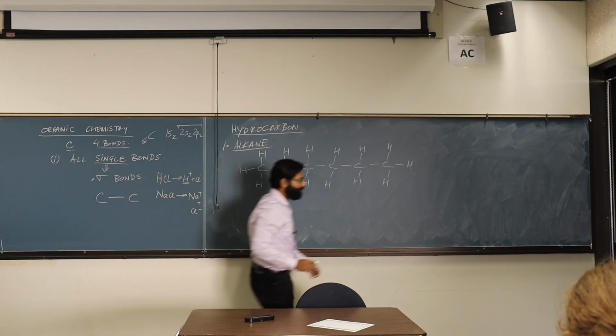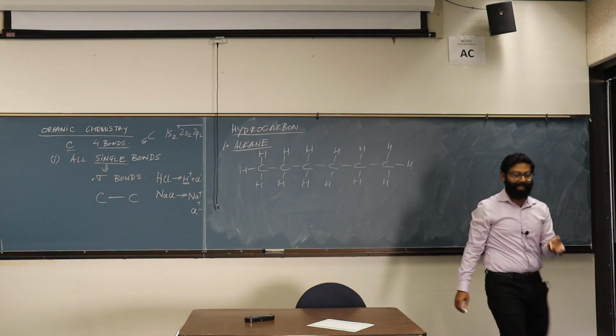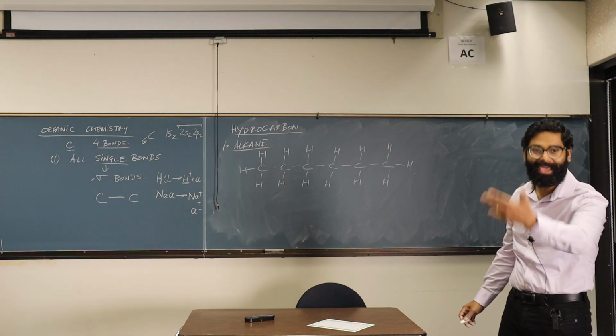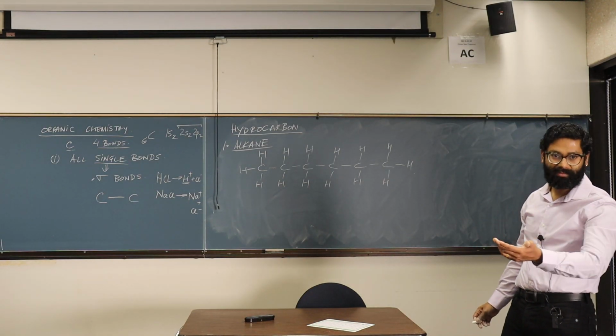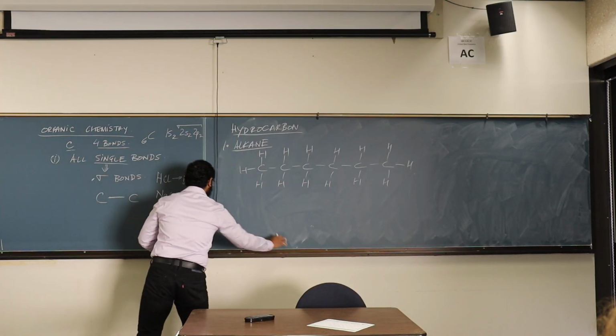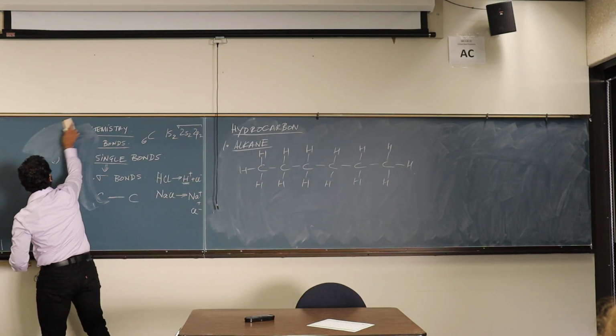Right? Now, depending upon the number of carbon atoms, we also give names to these different compounds. Okay? What we will do is, we'll just write a few of them in here.